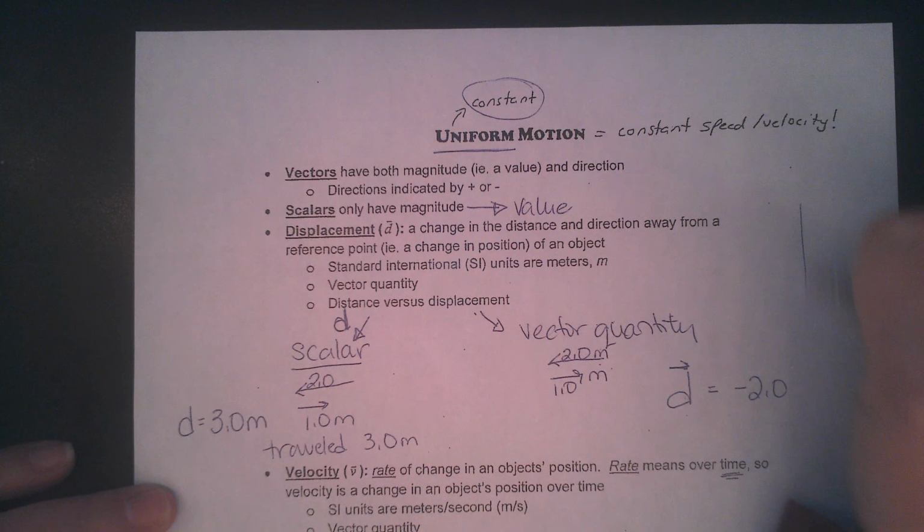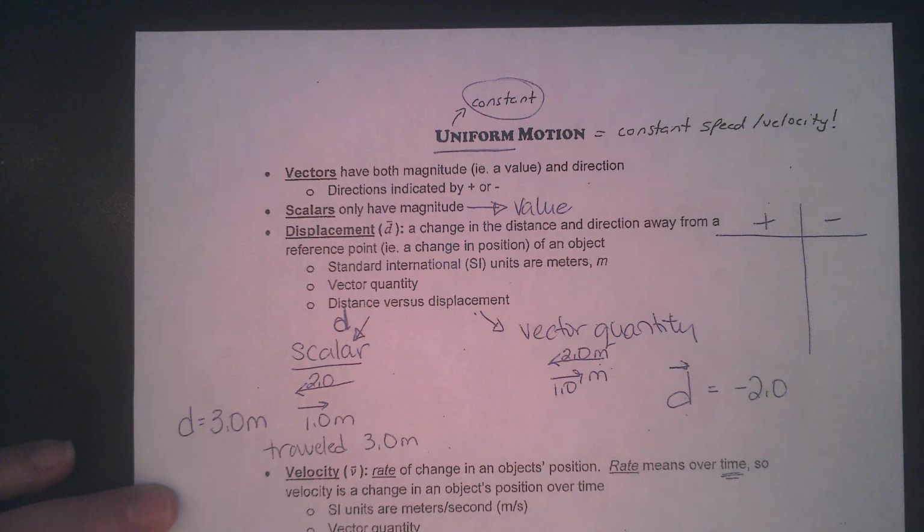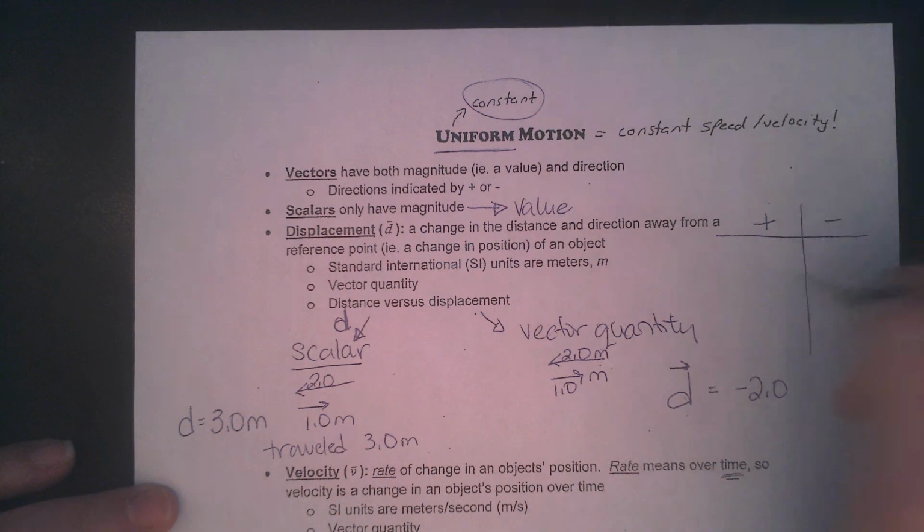When we have a positive or a negative number, we have a sense of direction. Positive is north, east, up, forward, right.